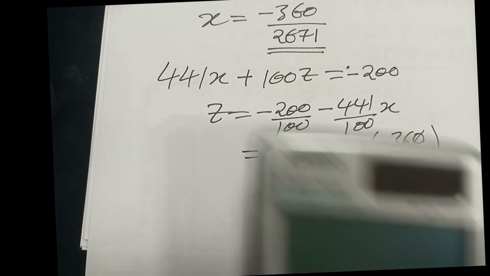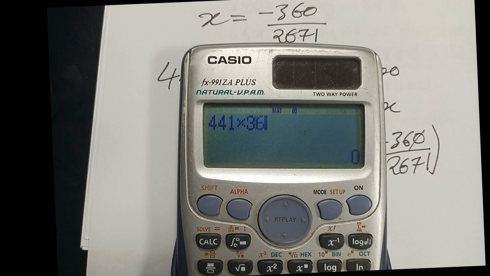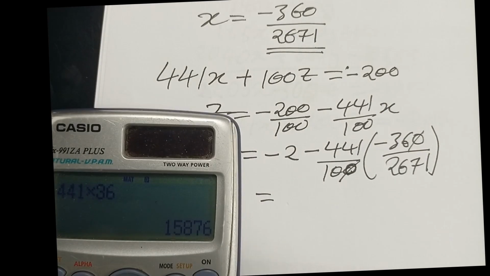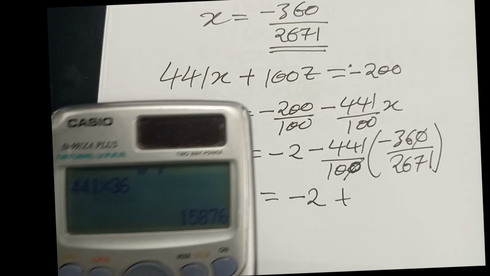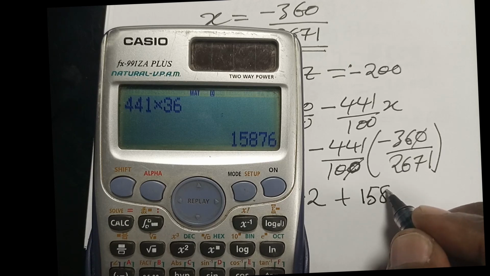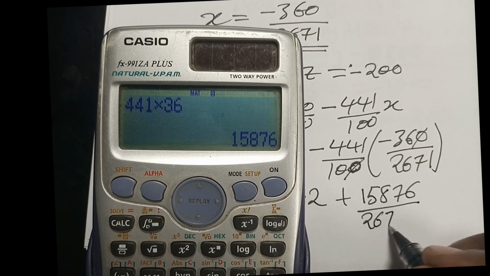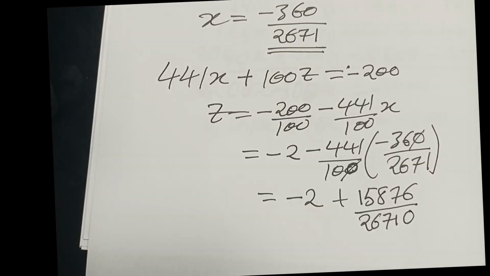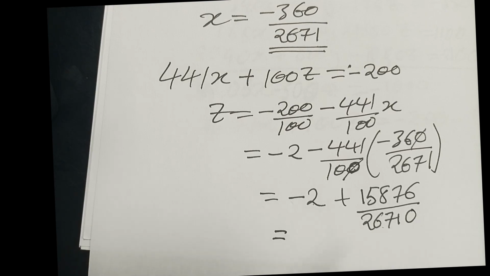So multiply 441 times 36, so that you have negative 2 plus 15876 over 26710. Then just write this as a single fraction. So now negative 2 times all this, what are we getting?